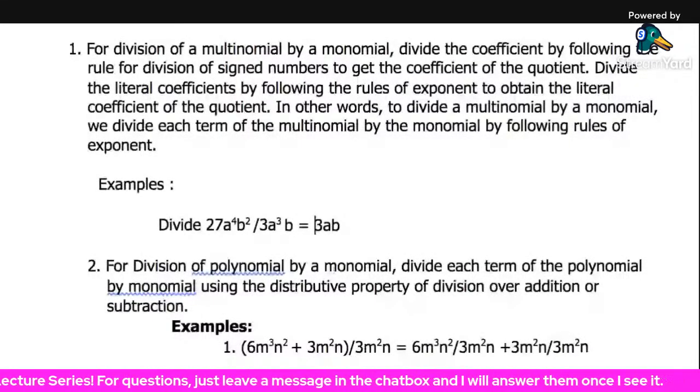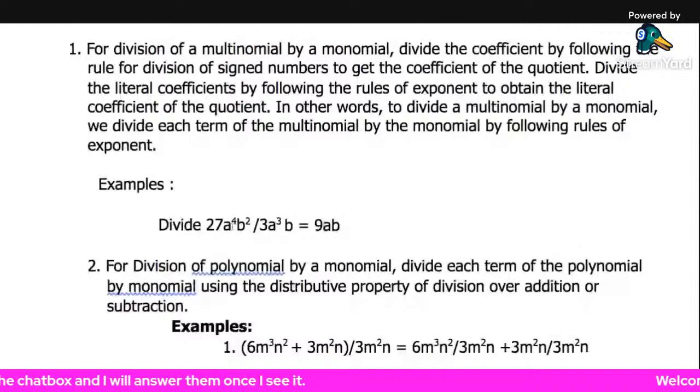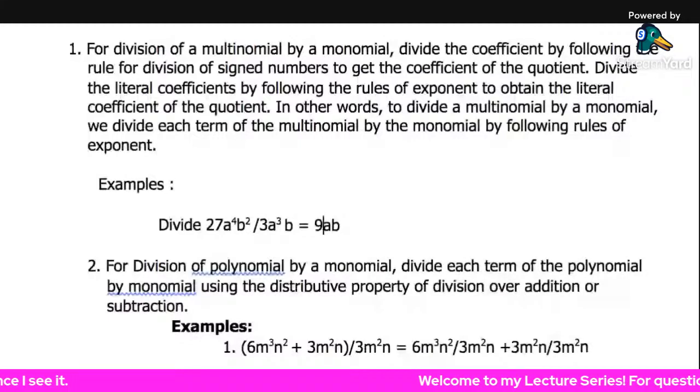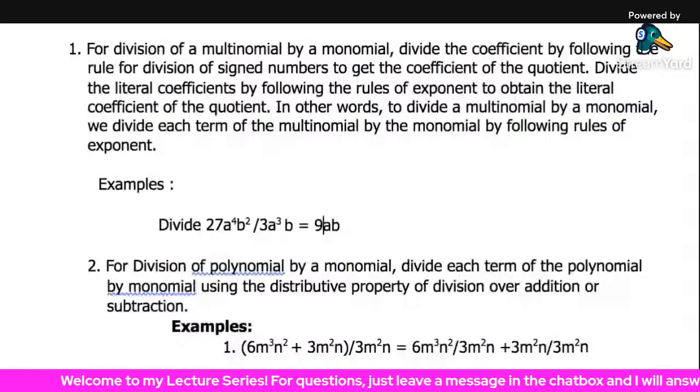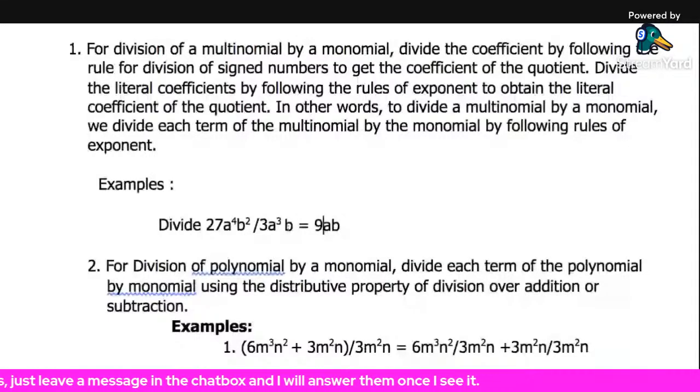Then you have a^4 divided by a^3. Based on the laws of exponent, we just subtract the exponents. So a to the 4 minus 3 will give you a. For b^2 and b, b to the 2 minus 1 will give you b. So the answer here is 9ab.